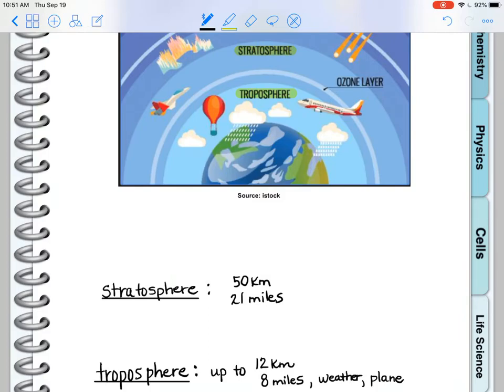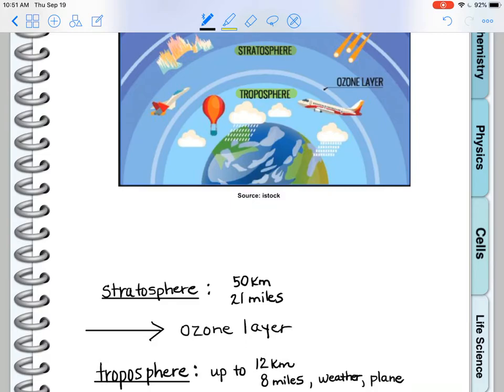Now you may notice, I hope you notice the ozone layer that is lying between the stratosphere and the troposphere. So the ozone layer, which we defined in our terms, that protects us from ultraviolet radiation, is between these two.